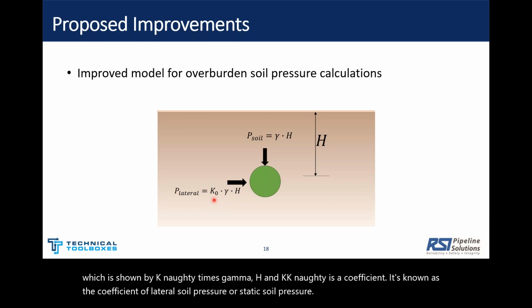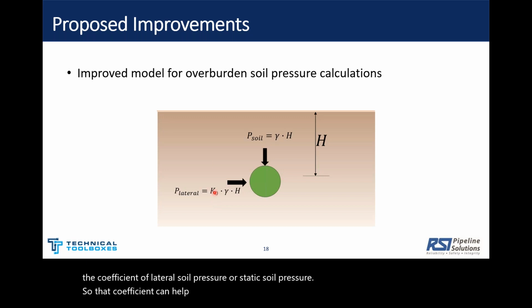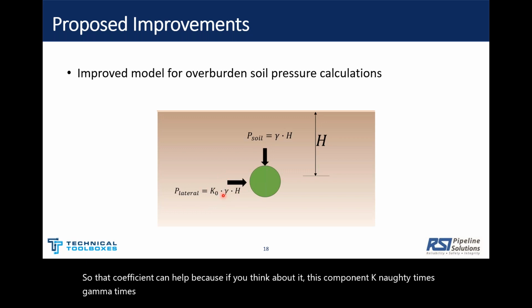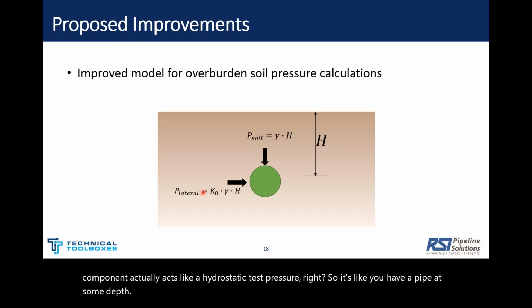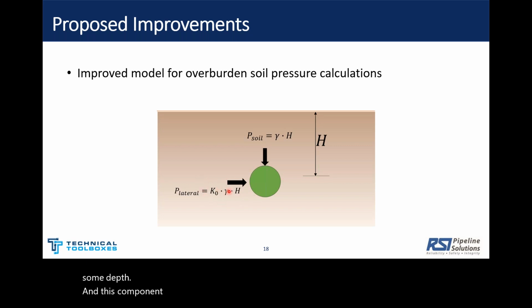That coefficient can help because if you think about it, this component K naught times gamma times H, and K naught is usually less than 1 in this type of calculation, actually acts like a hydrostatic test pressure, right? So it's like you have a pipe at some depth, and this component K naught gamma H acts in all directions around the pipe, right?